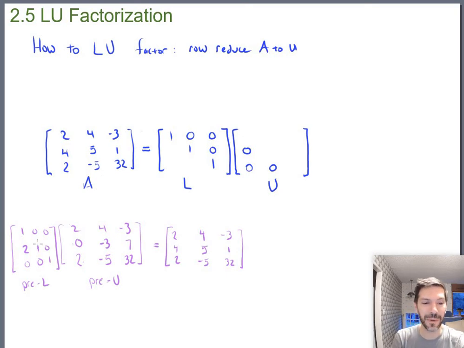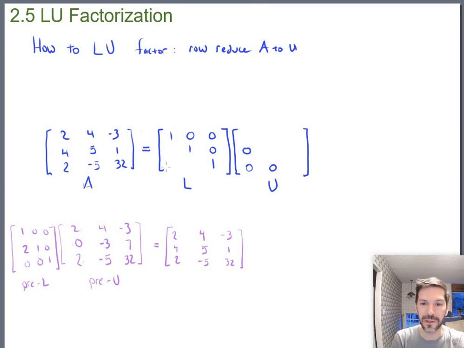You can always write an L, pre-L, or eventually the full L, over here that will undo or reverse the steps that you've done to U. So if you get a full U over here and an L that can reverse all that, multiplying those two together will take you back to A.